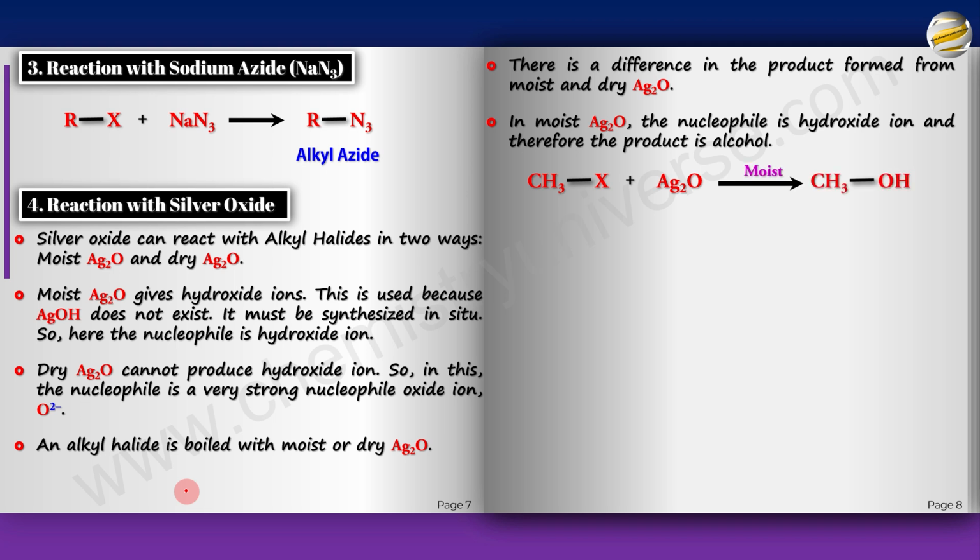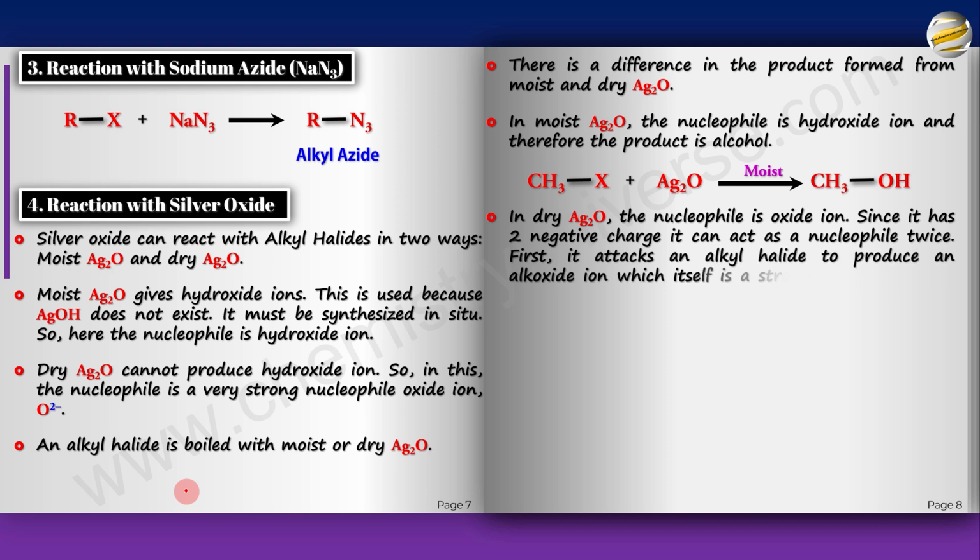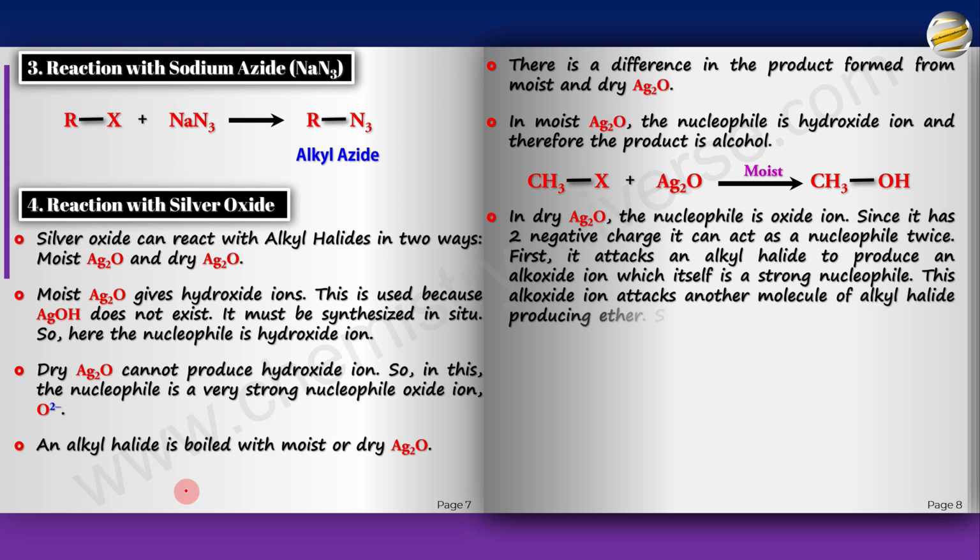But in the case of dry, the nucleophile is oxide ion since it has two negative charges. Now it can act as a nucleophile twice. First, it will attack the alkyl halide to produce an alkoxide ion, which itself is a strong nucleophile. This alkoxide ion then further attacks another molecule of alkyl halide, producing ether. So oxide ion attacks two molecules of alkyl halide.